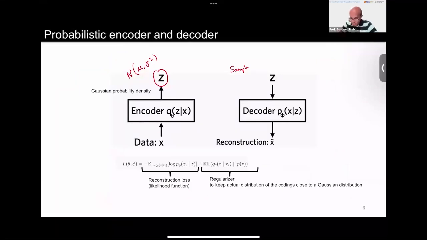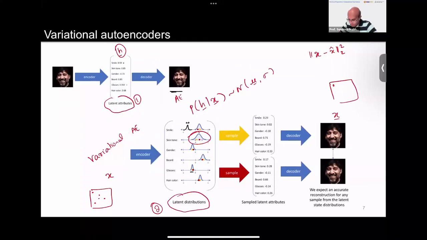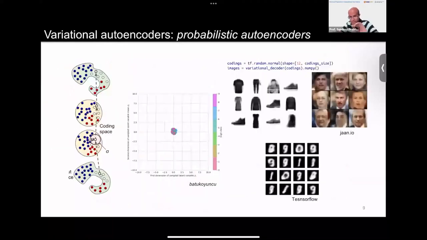Now, let's take a look at this illustration of what is going on. This is our input space, and this is our output space. What we are basically learning is this coding space. So I linearly transform and learn the underlying distribution to be Gaussian, mu and sigma.